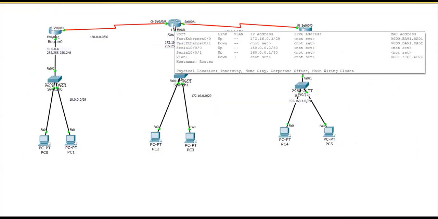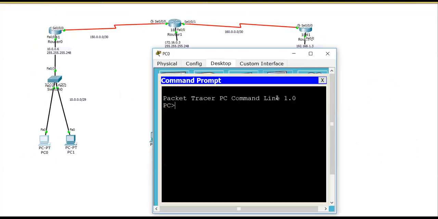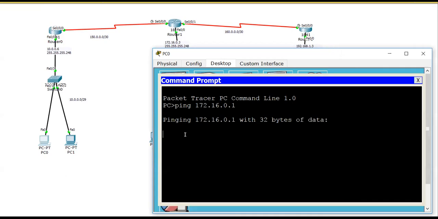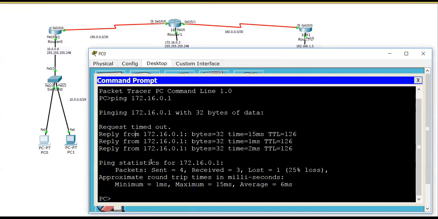Okay. So now I have to check the ping. Ping 172.16.0.1. The first packet will fail due to ARP entry, request timeout. But after that, you will get the pinging from 172.